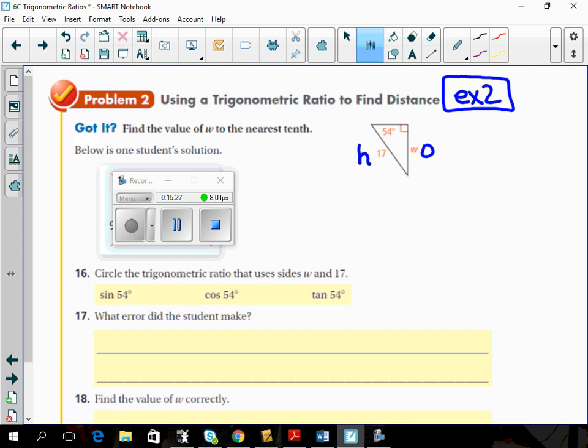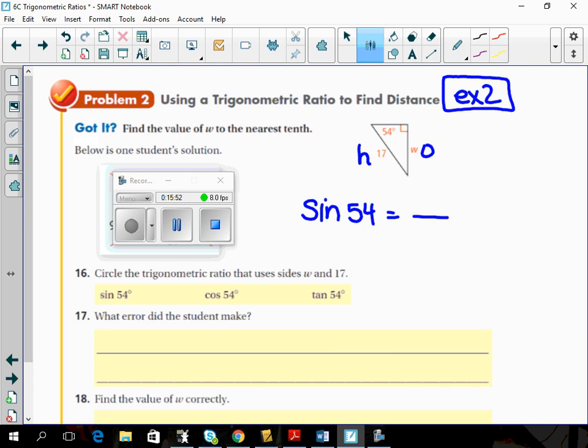So that tells me that the sine of my angle is equal to the opposite over the hypotenuse. This time we have a degree measure. What is it? 54. So the sine of 54 is equal to, and then what am I going to put in my fraction over here? W is the opposite over hypotenuse.